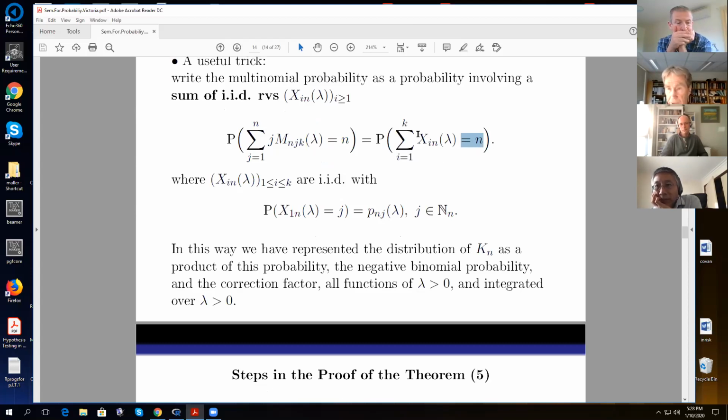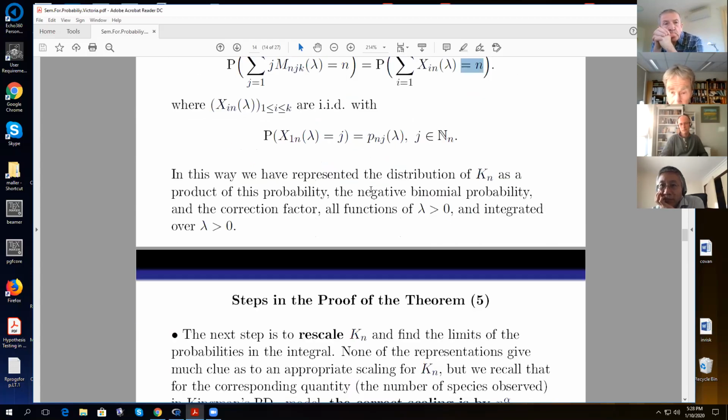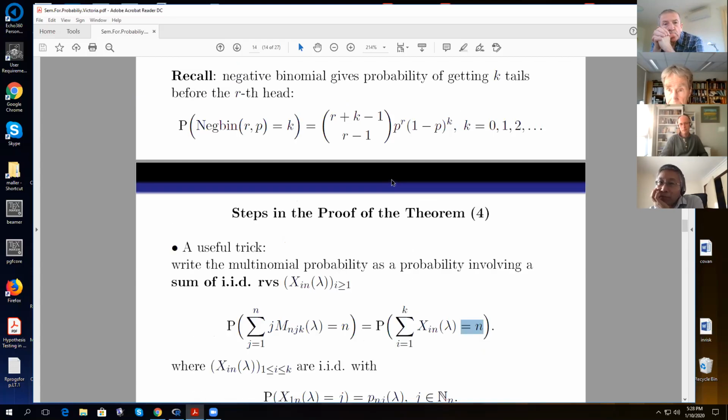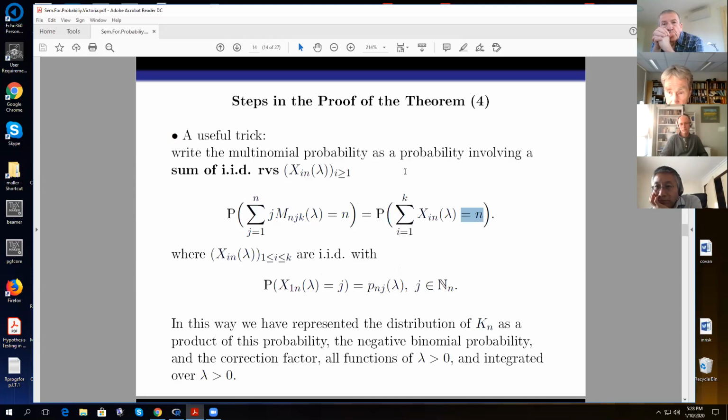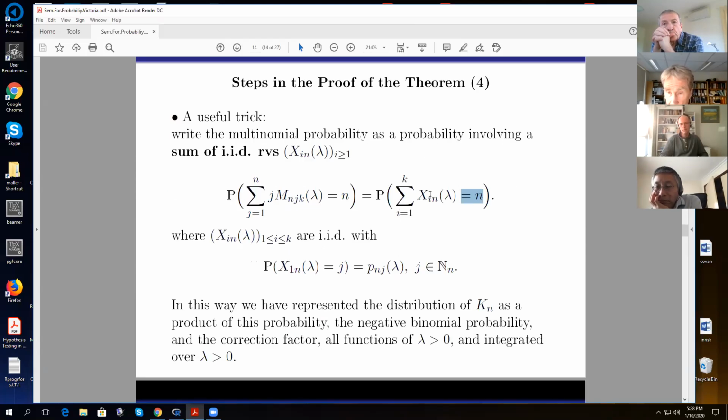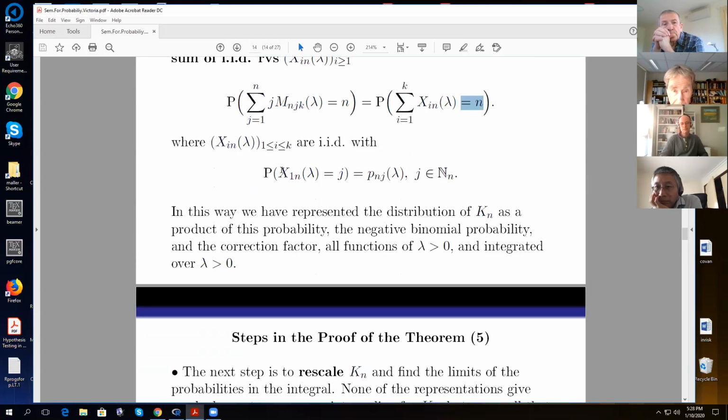Actually, it's a triangular array of IID random variables because the distribution depends on n and also on lambda. So we are able to turn this probability into something a little more tractable, involving a sum of IID random variables. They're discrete random variables, and the mass function again is this p_nj, which appeared earlier with regard to the multinomial.